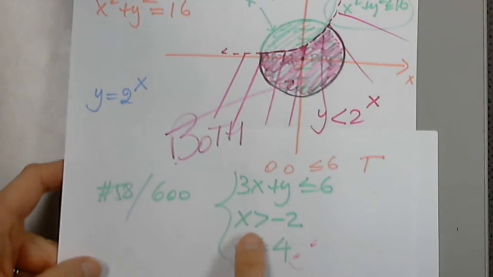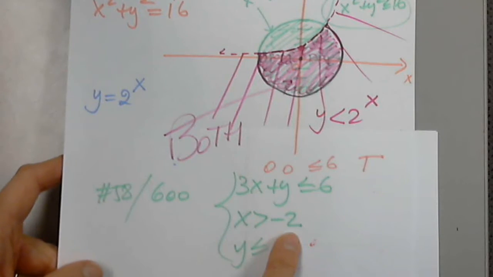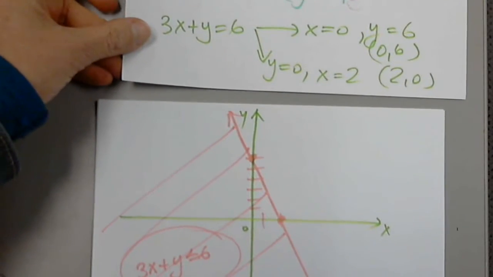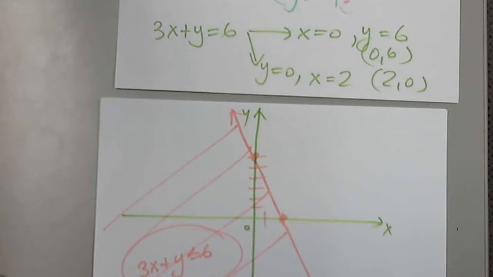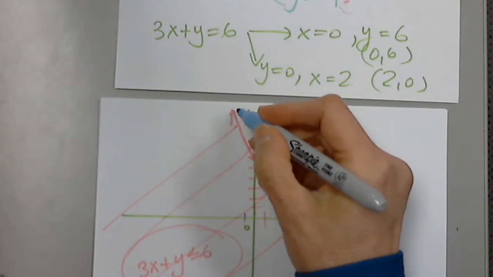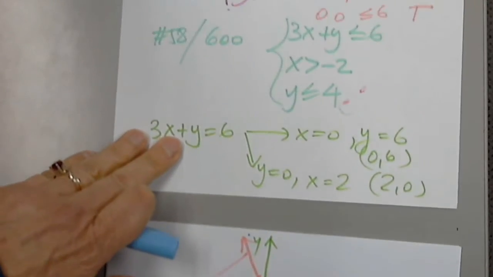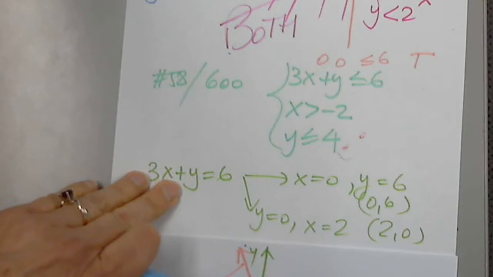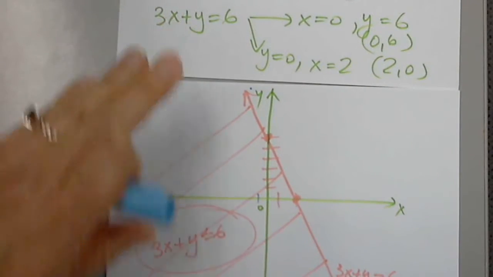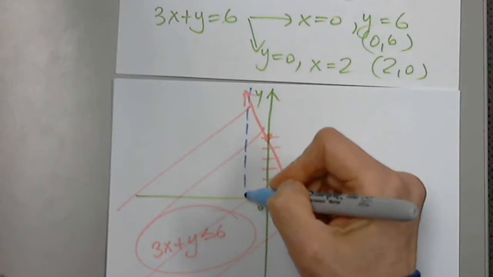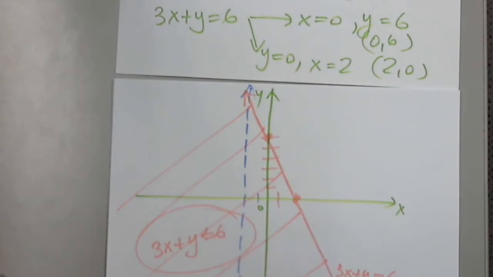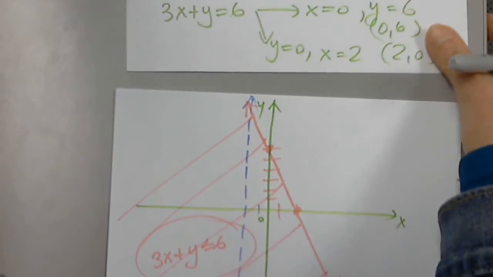The next equation is x equals -2. How do I graph something like that? x equals -2. What type of graph will that be? Vertical line. Awesome. Very good. So is it a solid line, vertical line, or not? No. Very good. Awesome. x equals -2.